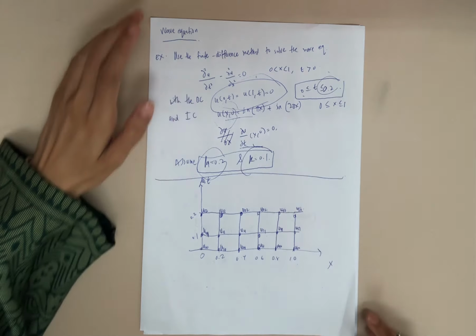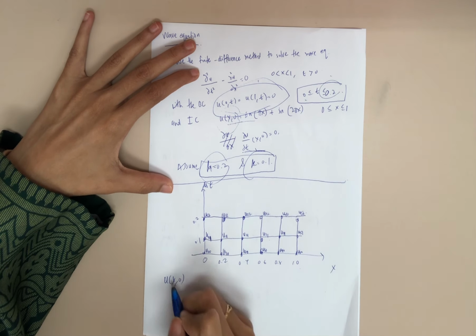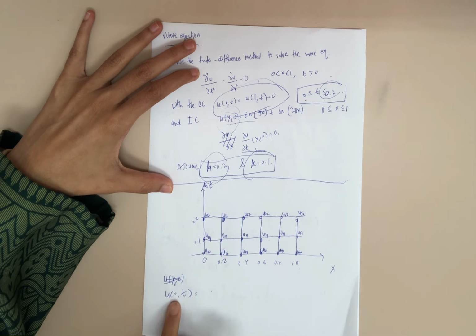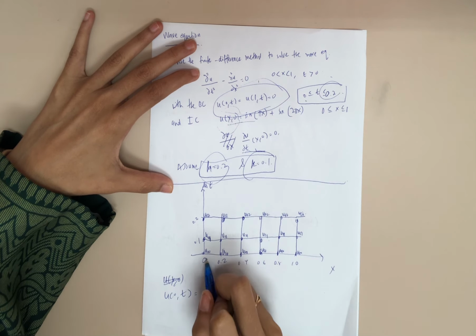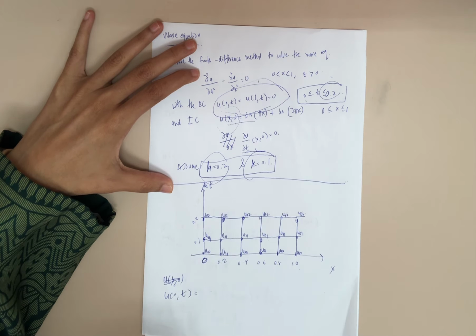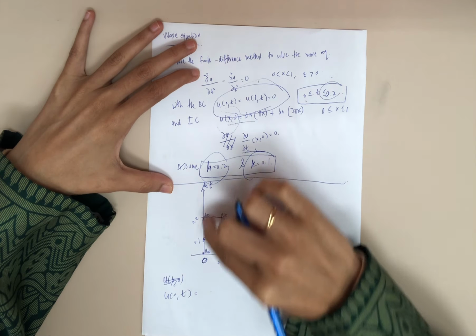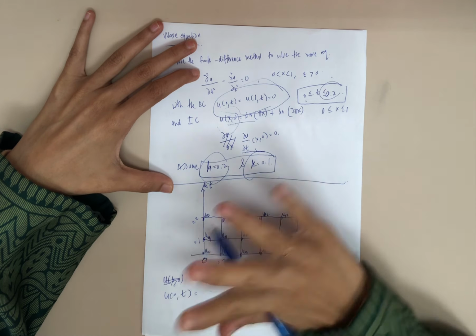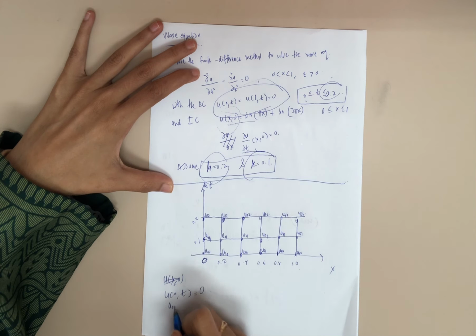So the first BC is U(0,t). U(0,t) means your X is 0. So where is your X equal to 0? This is your X equal to 0, and every point here, which is U00, U01, U02, are all zeros.